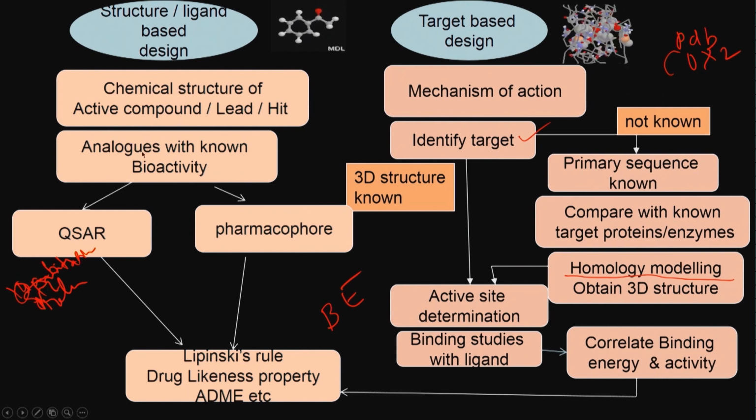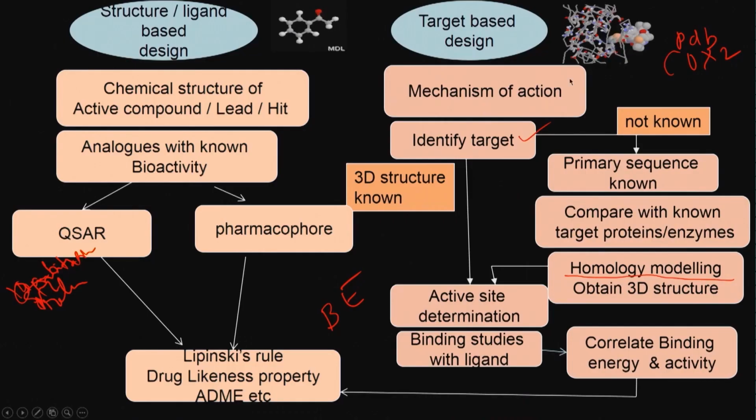I may synthesize them, I may test their in vitro activity, I may develop a quantitative structure activity relationship, or I may even develop a pharmacophore model, okay, and that is how I come up with new structures. And then I will of course use Lipinski's rule, drug likeness rules, ADME rules, which we have seen in the previous many classes, and shortlist possible compounds. So that is how the structure based approach works.